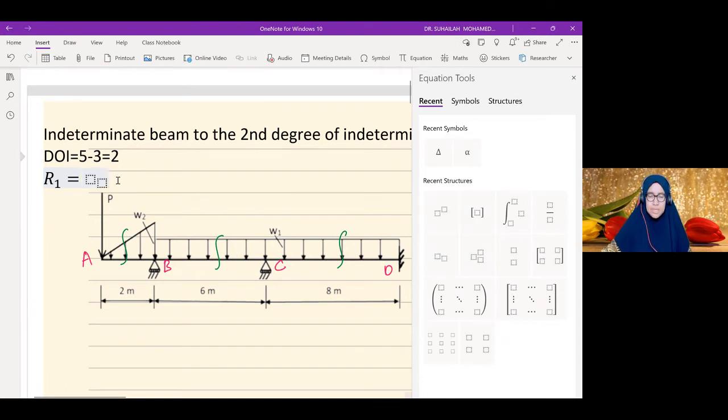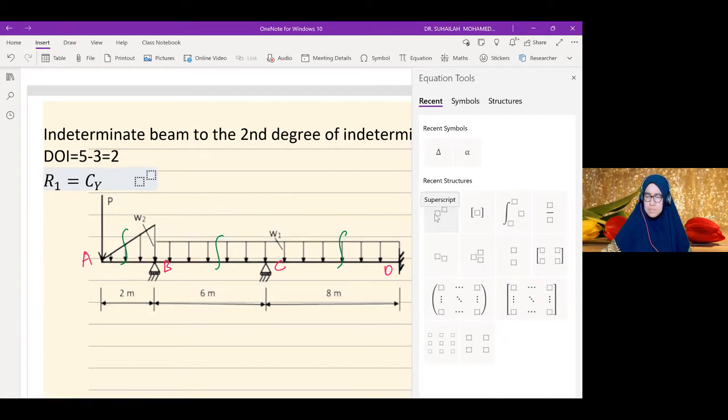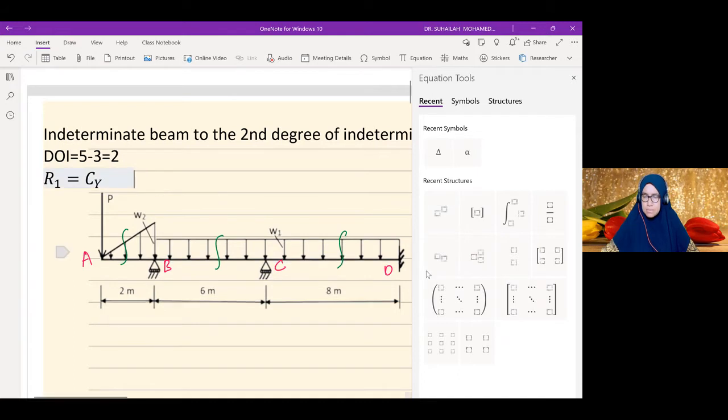And for R2, we have to remove another one.